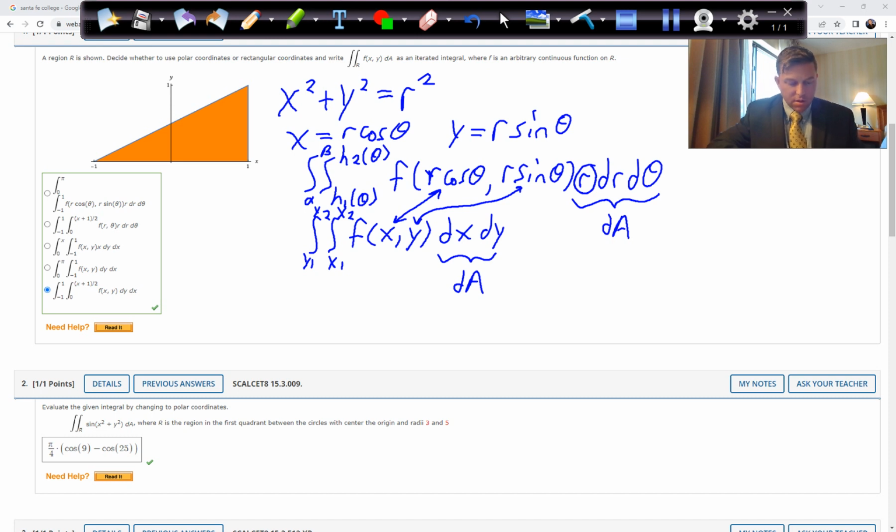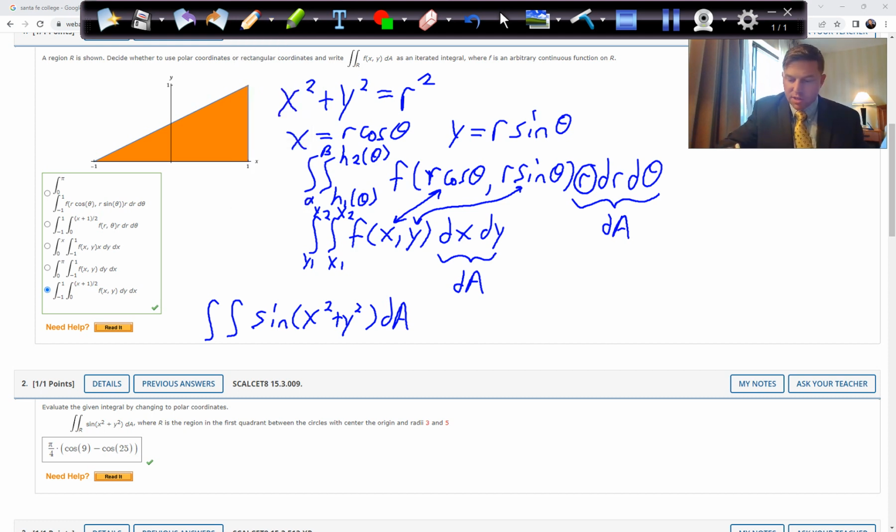Okay, so in problem 2 it says evaluate the given integral by changing to polar coordinates. We have the double integral of sine of x squared plus y squared dA. And then it says where R is the region in the first quadrant between the circles with center the origin and radii 3 and 5.